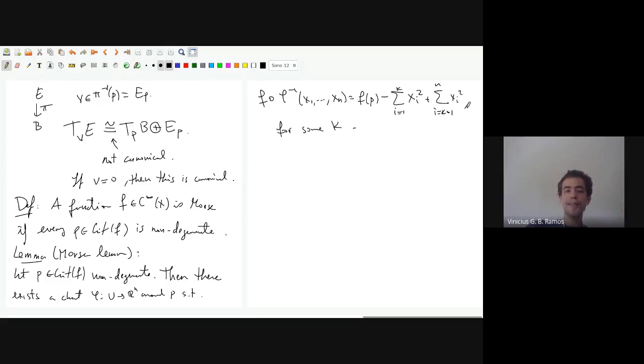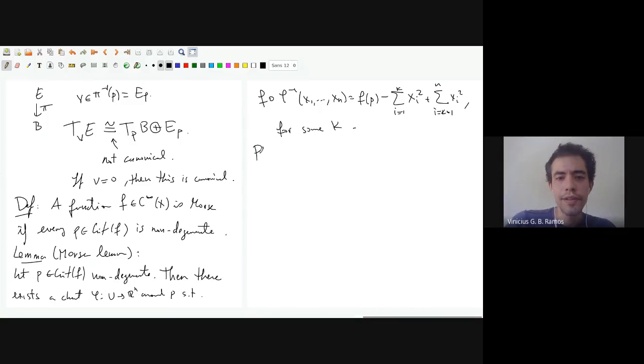What's surprising is that not only can you do that for the second derivative, but the whole function is diagonally quadratic if you choose a smart chart. Not surprisingly, this is a version, or an application, of the inverse function theorem, which lets you take something that holds for the derivative matrix at a point and make it hold locally. Okay, so let's do the proof.